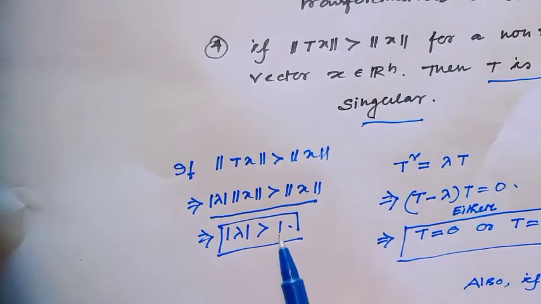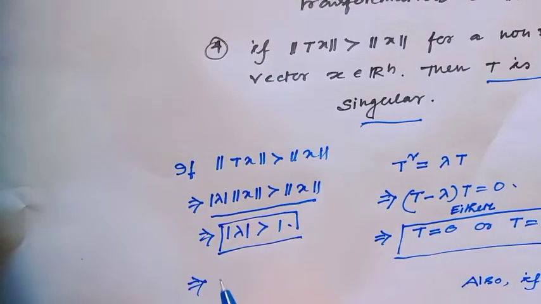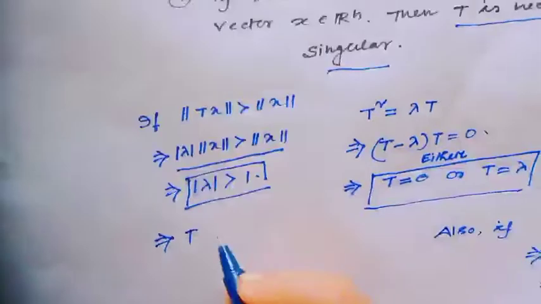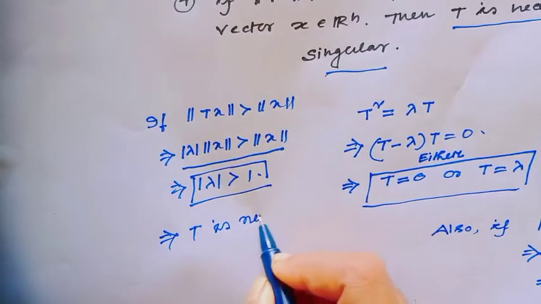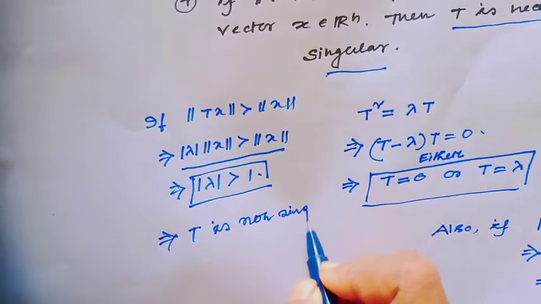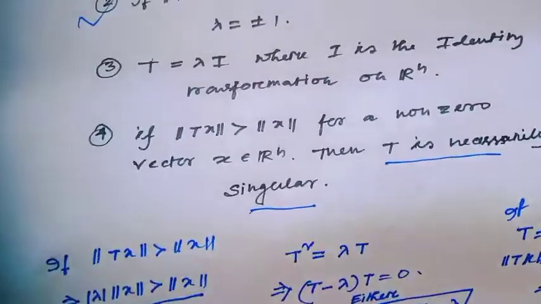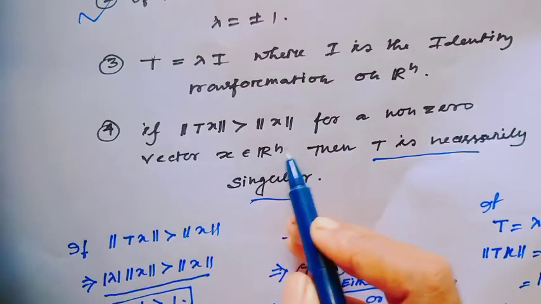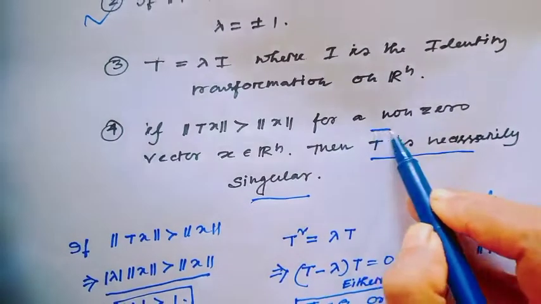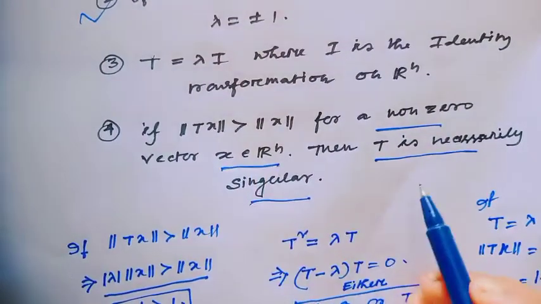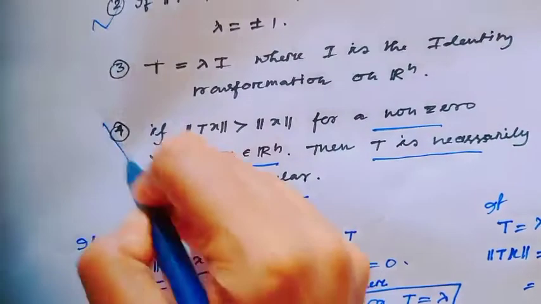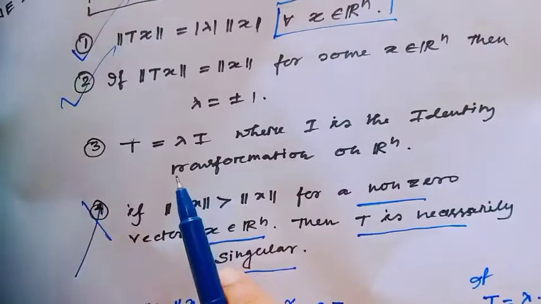From this we can tell lambda is non-zero. That means obviously our given operator T is non-singular. That means option 4 is a wrong option, because option 4 says T is necessarily singular.